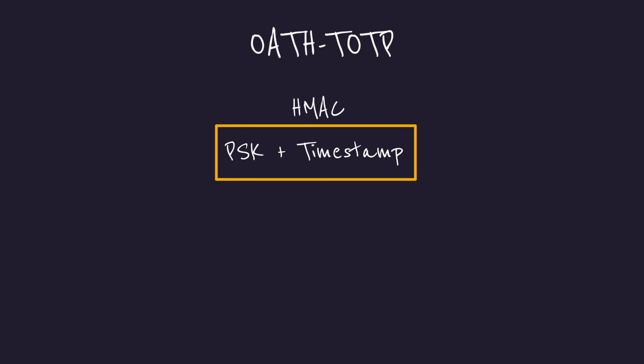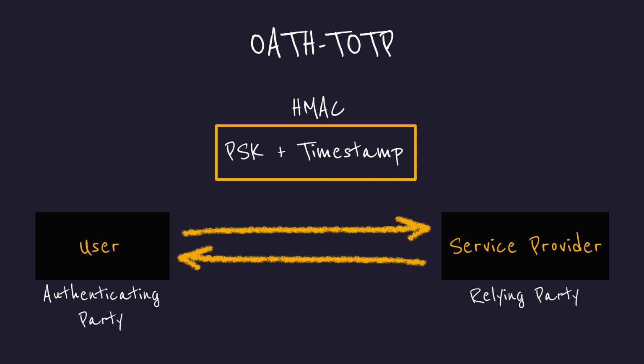But briefly said, TOTP, or the time-based one-time password protocol, works by using a pre-shared key and the current timestamp to build a hash that can be compared at both ends. So these two parties are the authenticating party and the relying party, and the same value can be generated at both of these ends, and one party can provide that value to the other party to be authenticated.